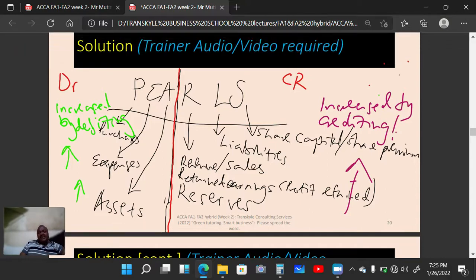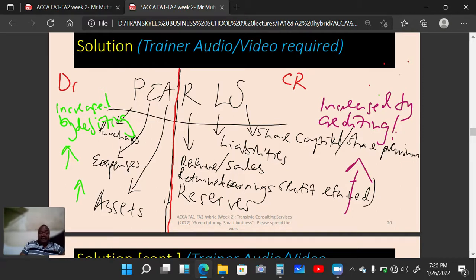If this year we have incurred or we've failed to pay our suppliers in time, we are increasing liabilities, so we are crediting liabilities. If we've made sales, if we are selling goods, the sales figure is credited. Profits figure is credited by default. They've got credit balances by default, and these ones, they've got debit balance by default.